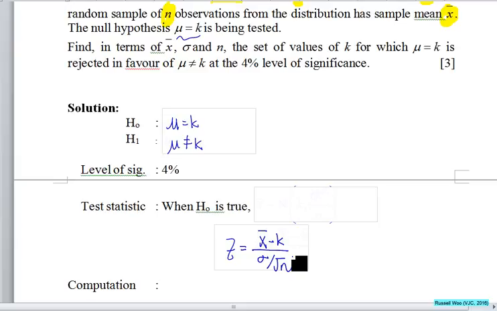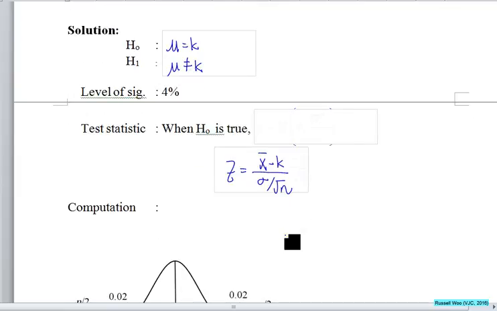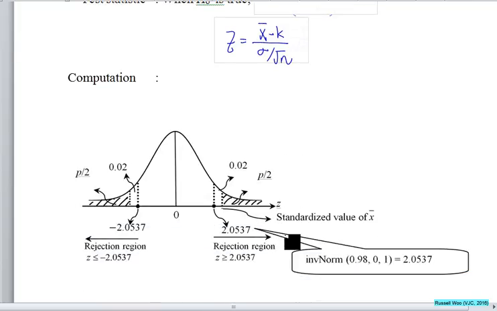K is copied from there, sigma is from the question, n of course. Then you say, how to compute? I don't know how to compute. This one is printed for you, right? Okay, good. Let's digest this diagram.